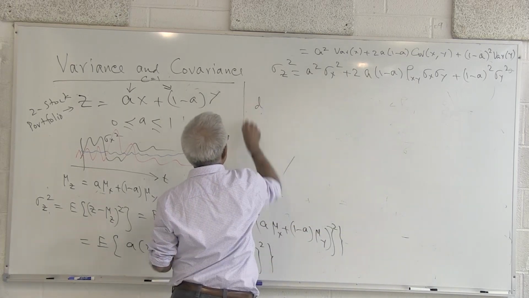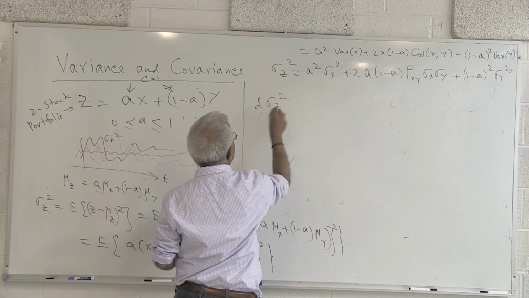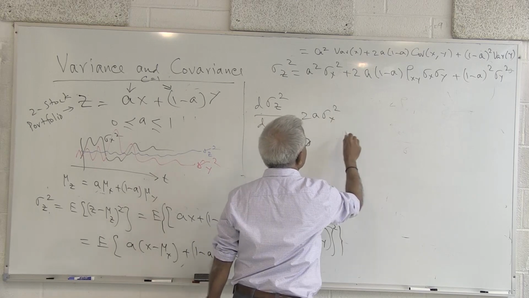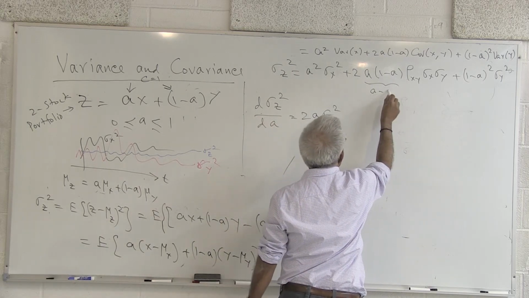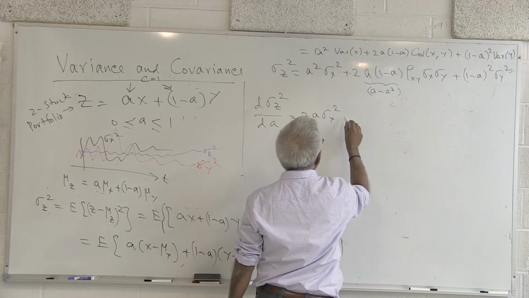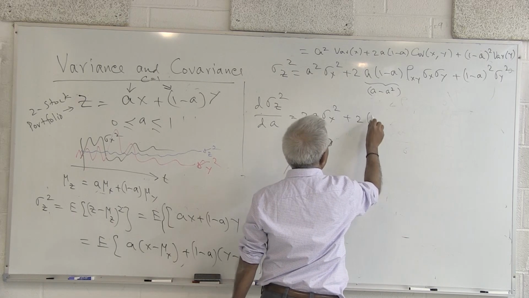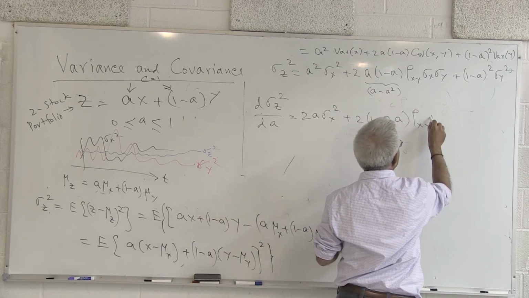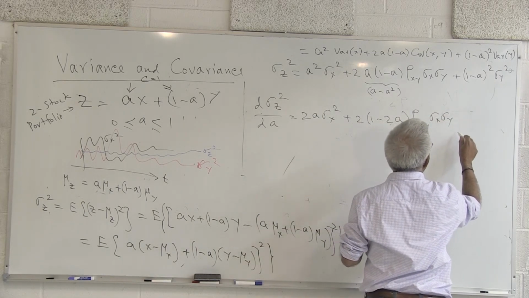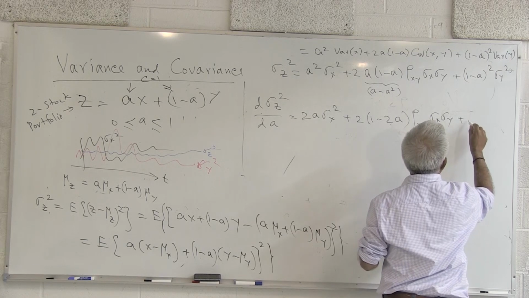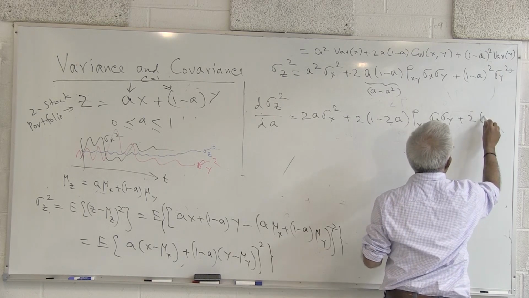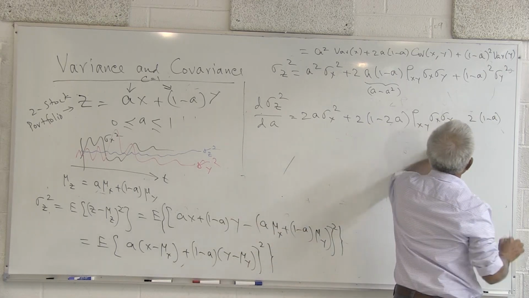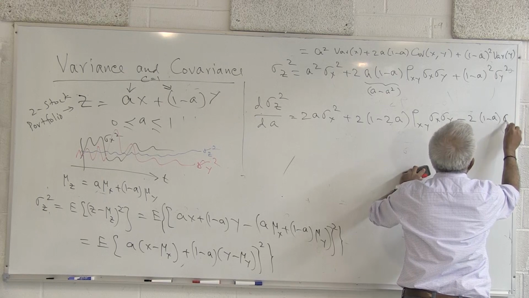So if you take the derivative of this with respect to A, you get 2A sigma X squared. This is A minus A squared, right? So that's going to be plus 2 times 1 minus 2A rho xy sigma x sigma y, plus 2 multiplied by 1 minus A, and with a negative sign, minus A. So that's minus sigma y squared.